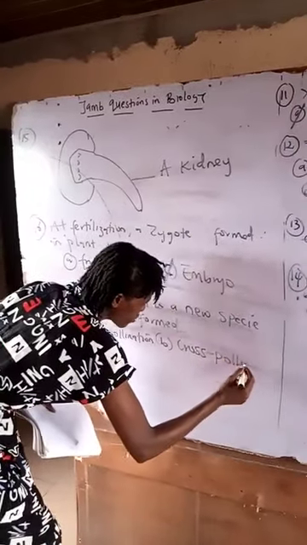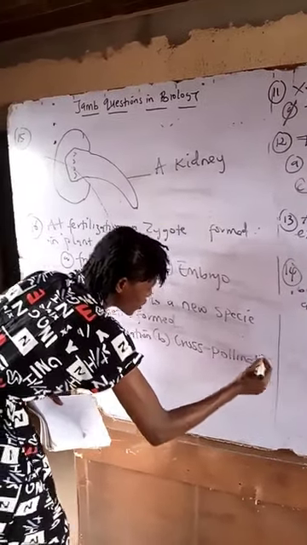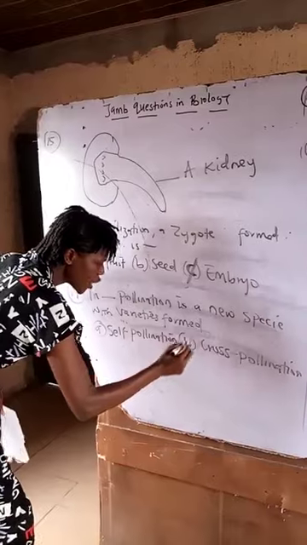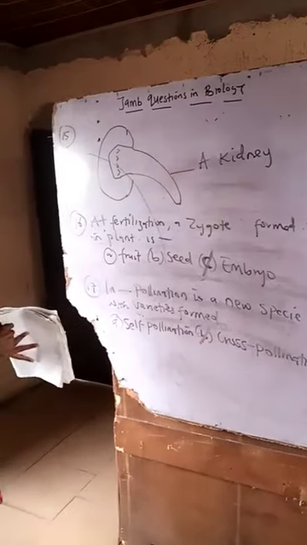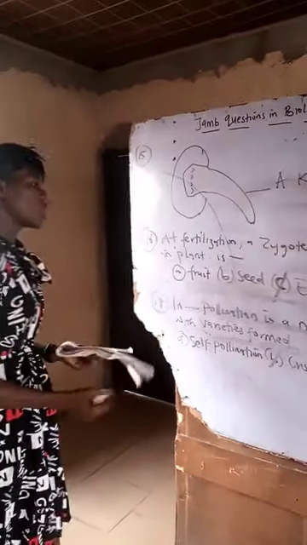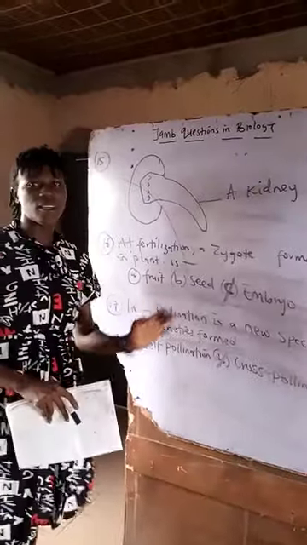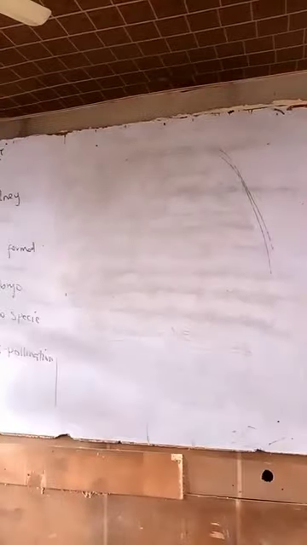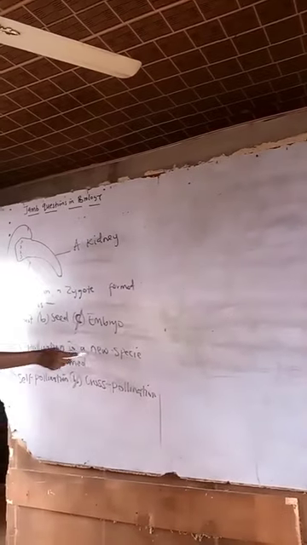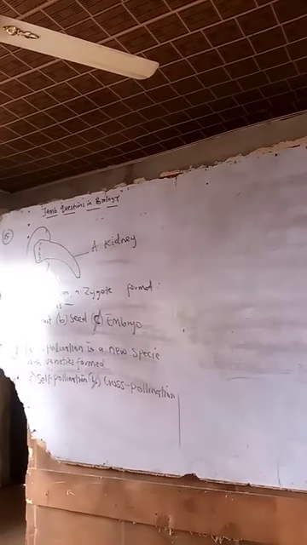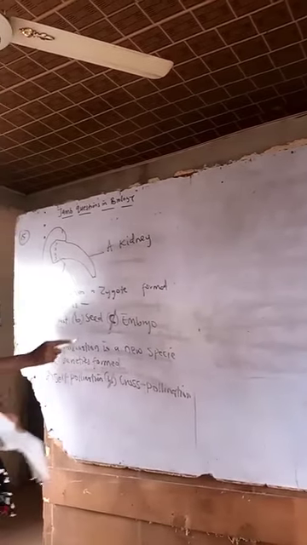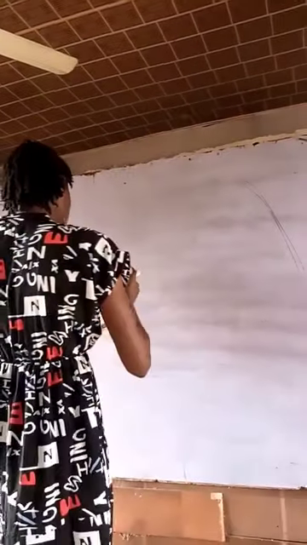I don't want to give you so many options, I'm just giving you the answer so that you get it. The answer is cross-pollination: a new species with different varieties is formed.